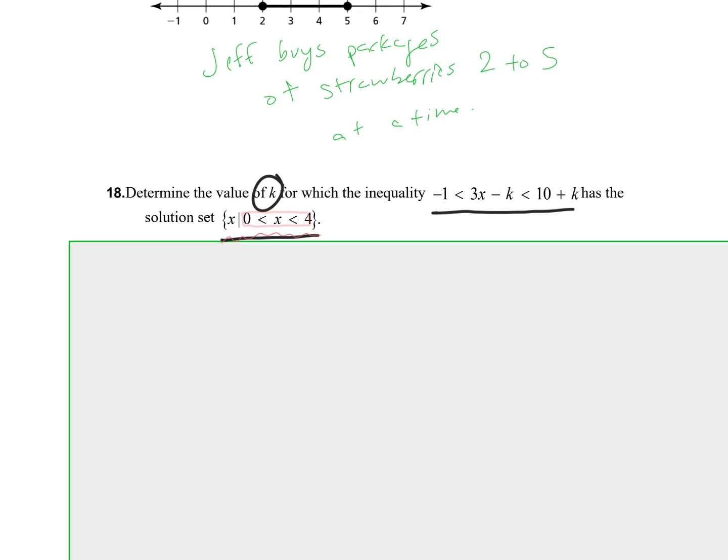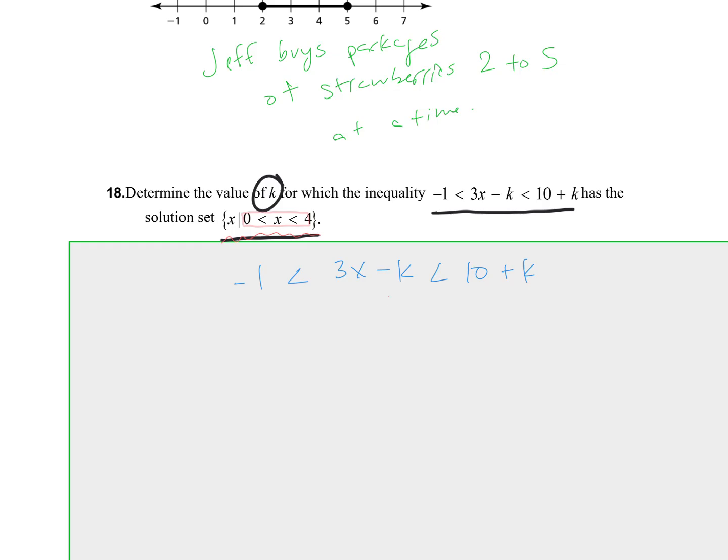And let's go back and start this thing out. So -1 is less than 3x minus k, which is less than 10 plus k. One reason I'm writing this is that k can easily blend in right here, and you just kind of ignore it. So what we're going to do is solve this for x, because we want it to look like that.